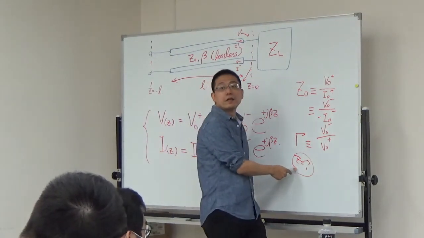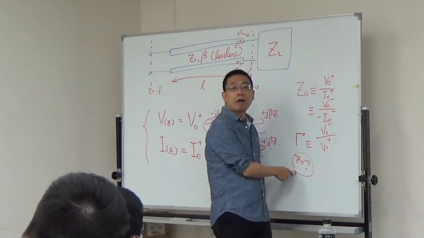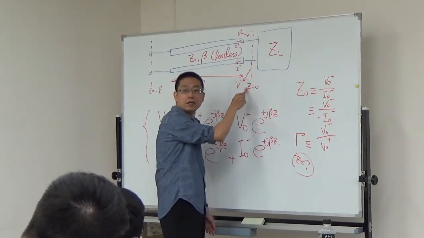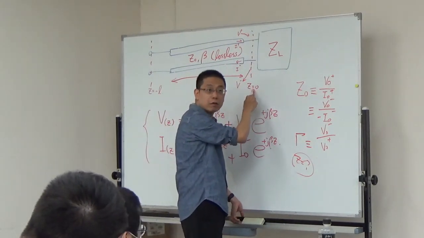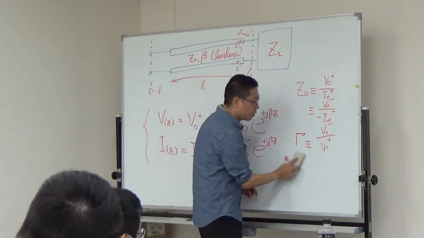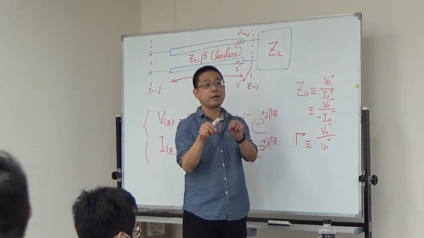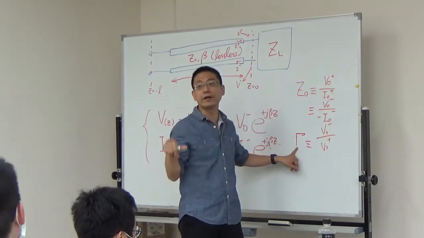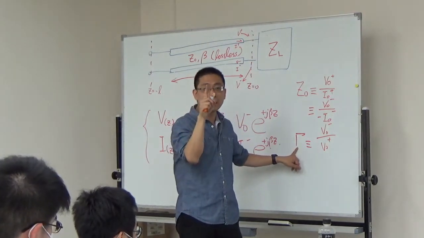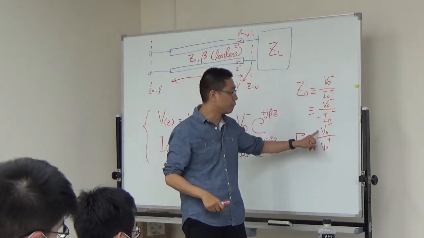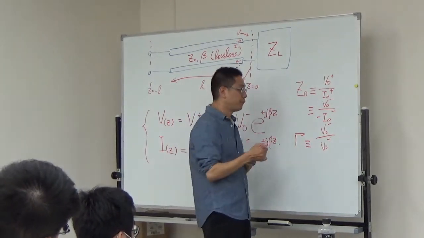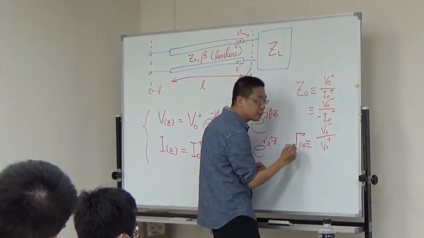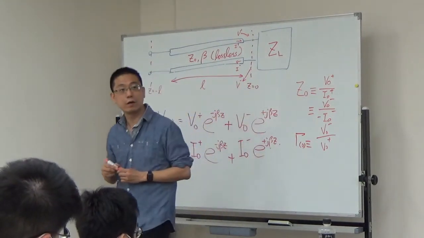This is the reflection coefficient at Z equals 0. In my slide, in my PowerPoint, in the textbook, maybe they didn't write it clearly, but the important thing is, if you define this one, actually, this is the reflection coefficient at Z equals 0.